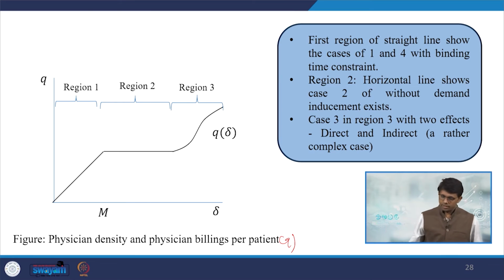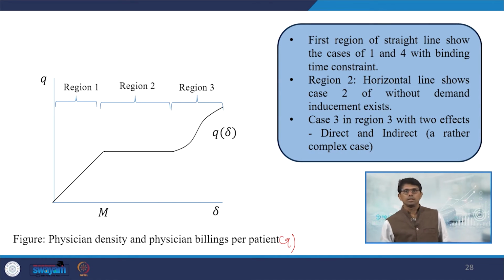And in region 2, the horizontal line shows case 2, without demand inducement, whereas case 3 is in region 3 with 2 effects, direct and indirect effect. Okay. So that depends upon the indicators which I already discussed.